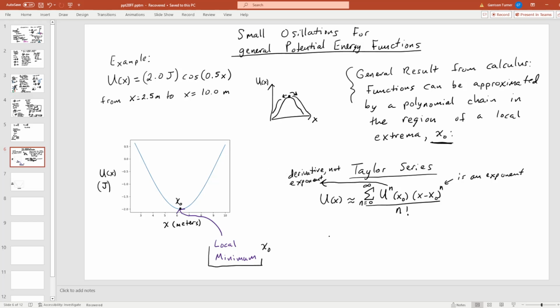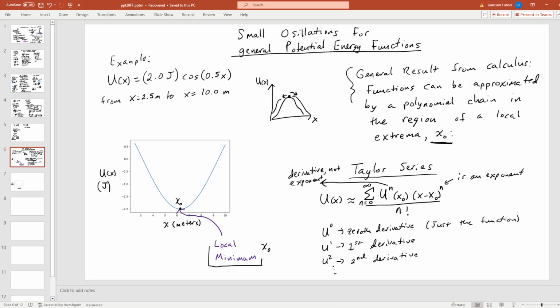So u to the 0 is the 0th derivative, which is just the function. u1 is the first derivative. u2 is the second derivative. Etc., etc.